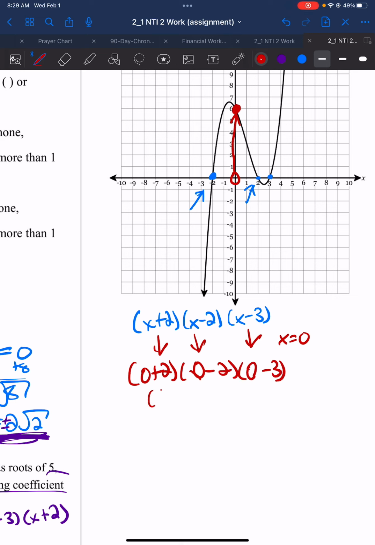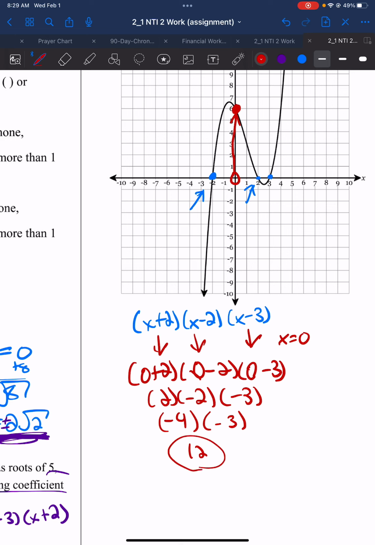And it gives me 2 times -2 times -3. That gives me -4 times -3. And that gives me 12. Okay, well, the y-intercept that I expect to get right now is 12, but the one actually up here on my graph is 6.